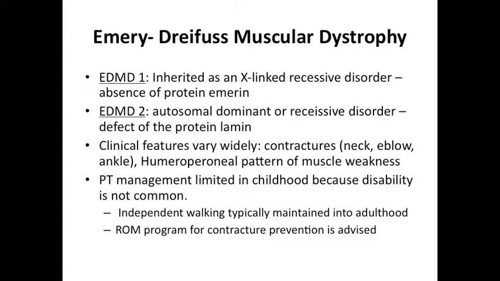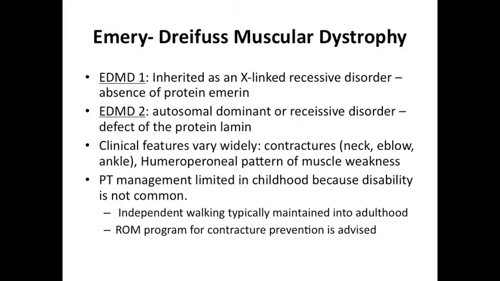Emery-Dreifuss muscular dystrophy. Basically, there are 2 types. Type 1 is inherited as an X-linked recessive disorder, and they have absence of the protein emerin. The second type is an autosomal dominant or recessive disorder, and there's a defect in the protein lamin. Clinical features vary widely.